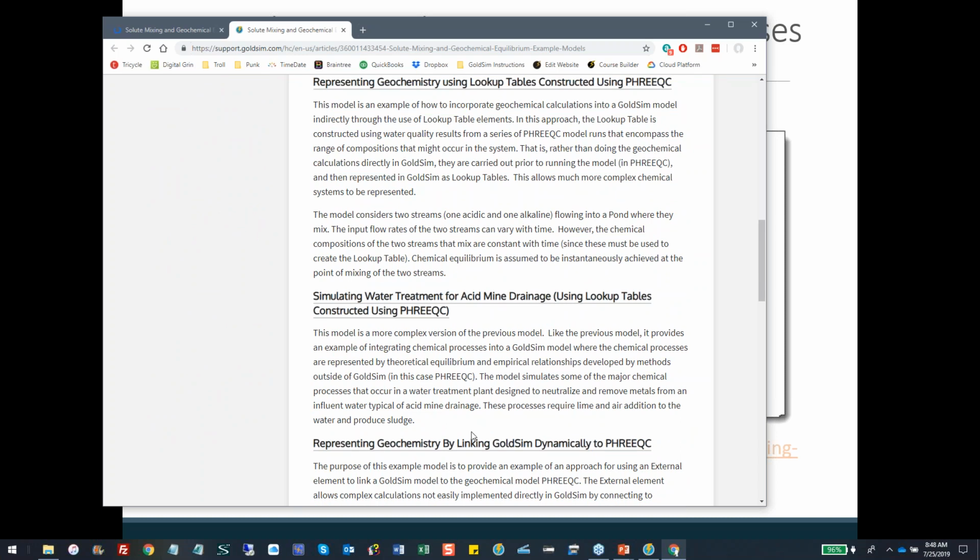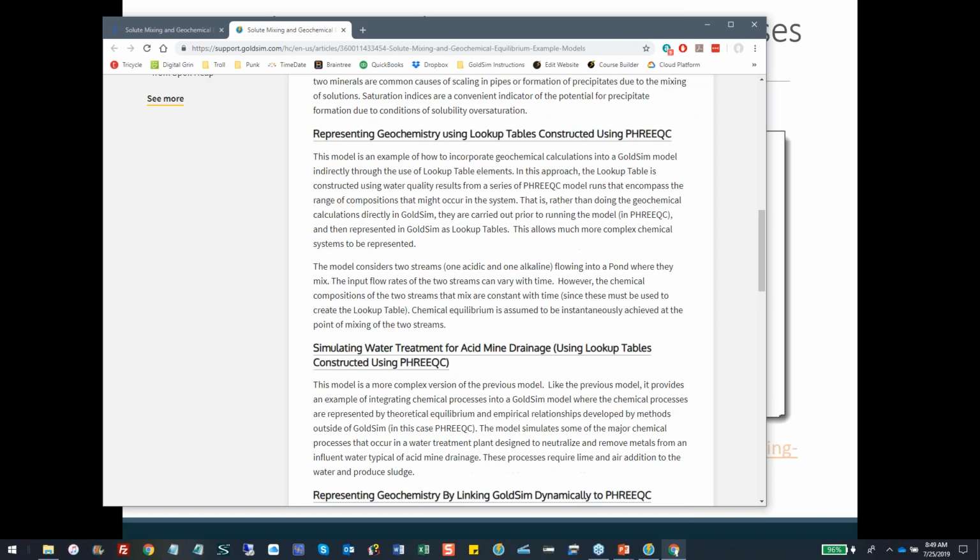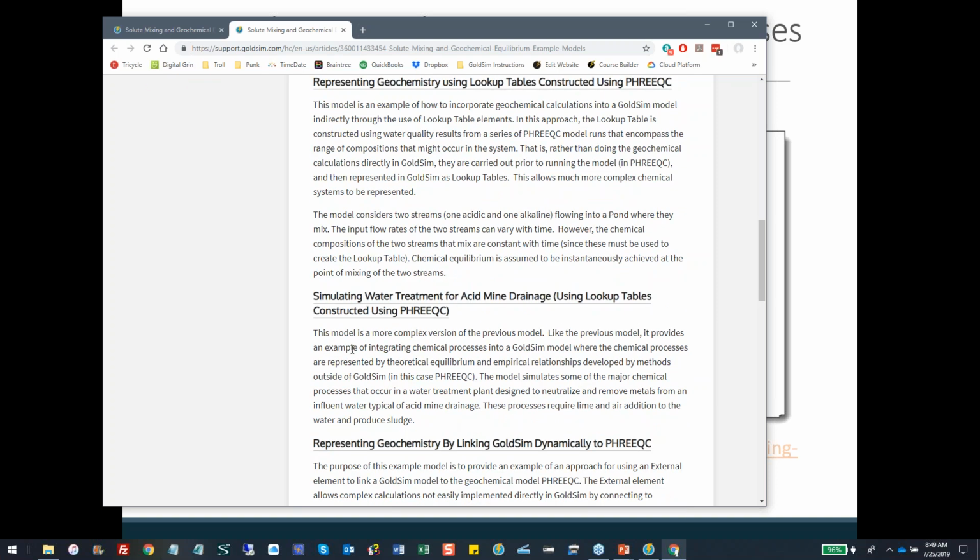The model I'm going to show you actually doesn't go this far. It's a model that Ted developed that uses some lookup tables constructed using Freak-C, but it doesn't actually link directly to Freak-C. So I'll show you what I mean by that.